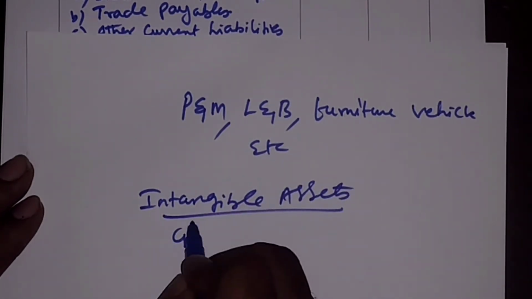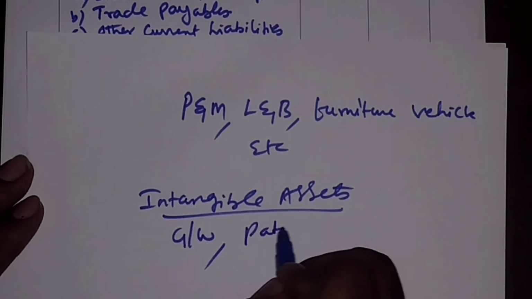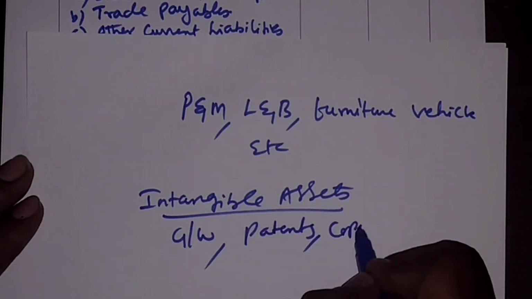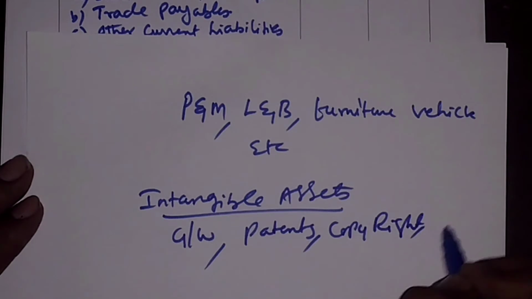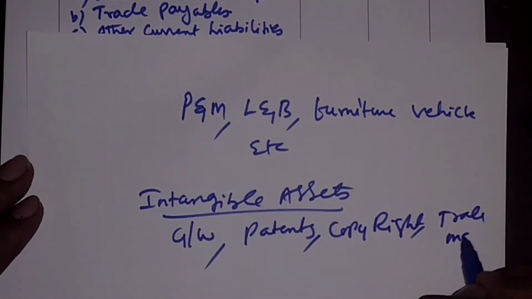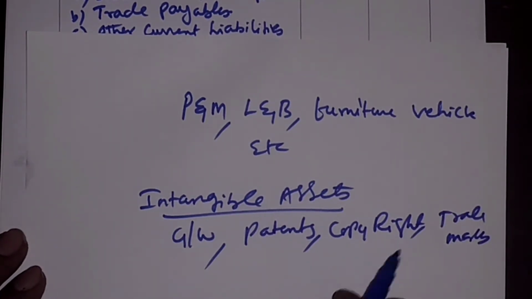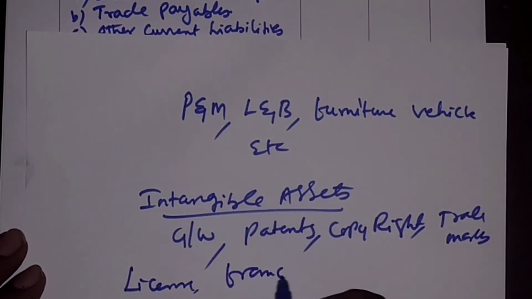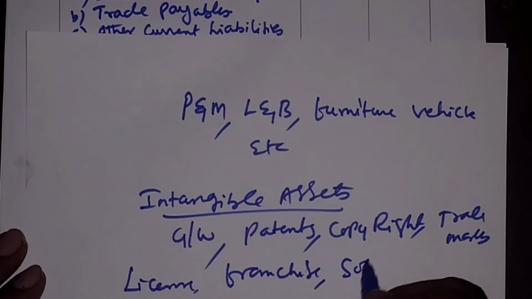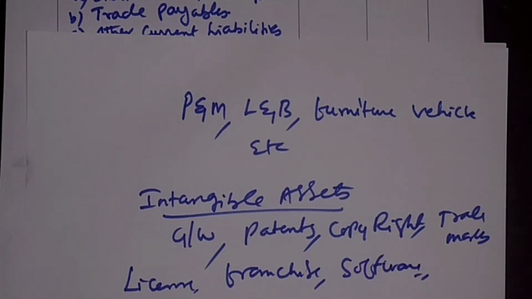What are these intangible assets? Goodwill, patents, copyrights, trademarks, license, franchise, software. All these are intangible assets.